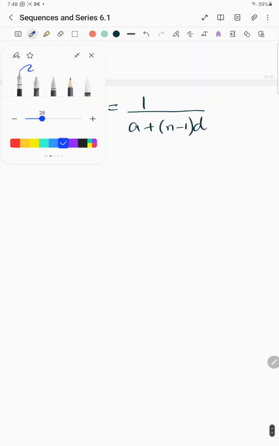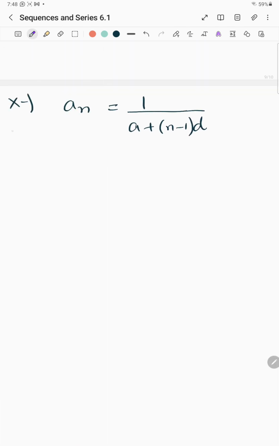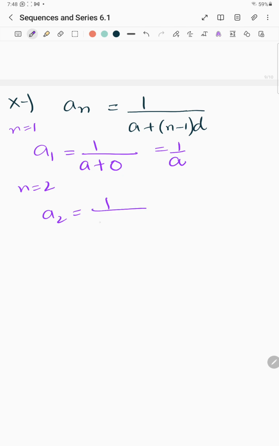Okay, so this is the last part of the question number 1. n is equal to 1, a plus 1 minus 1 is 0, so a1 is equal to 1 over a. n is equal to 2, a2 is 1 over a plus d.